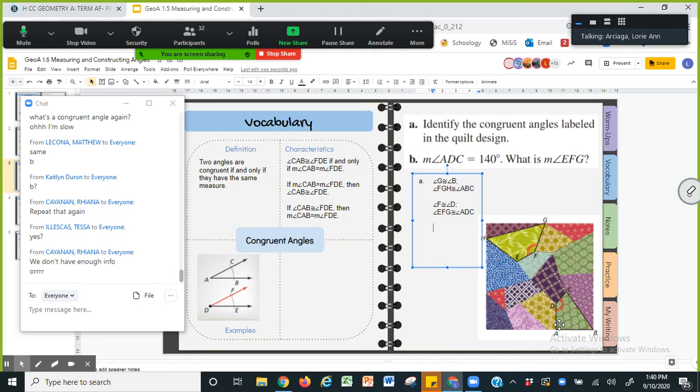Okay, let's answer letter B. If ADC is 140, then what is EFG? What should be your answer?